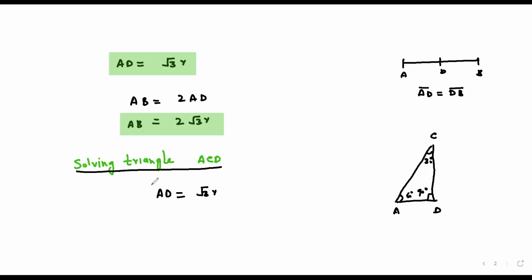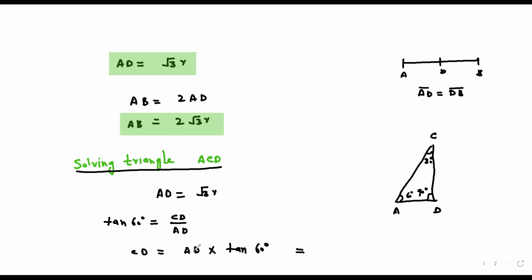Okay, now using this same formula, tan of 60-degree is equal to CD over AD, perpendicular over base. So we want the value of CD. So CD is equal to AD multiplied by tan of 60-degree.